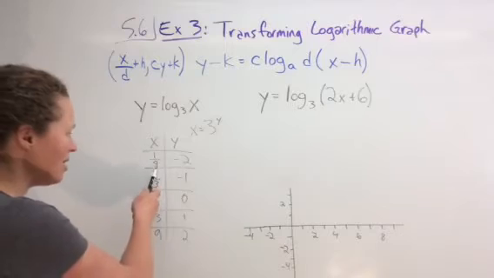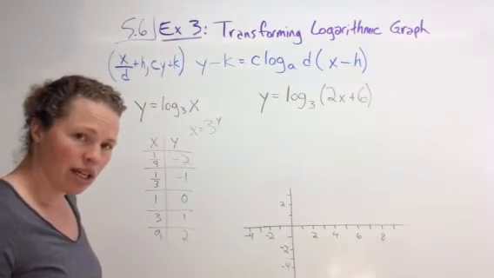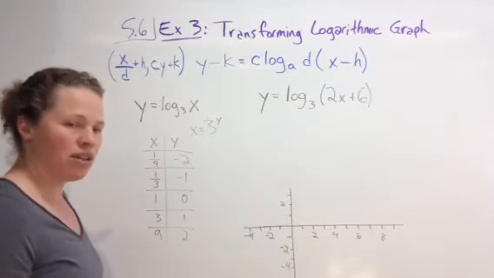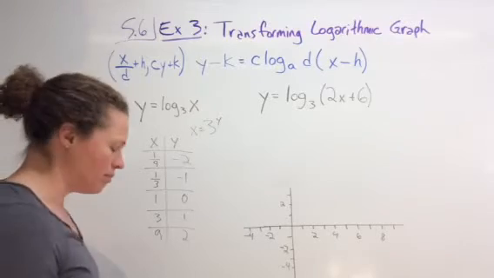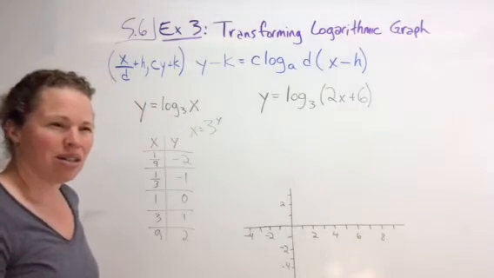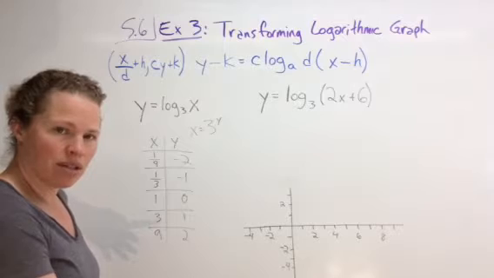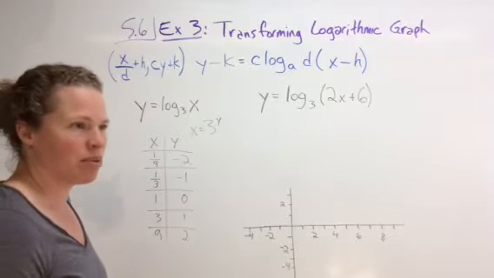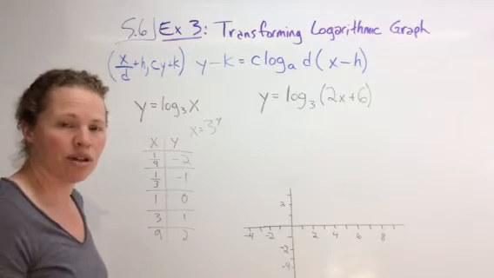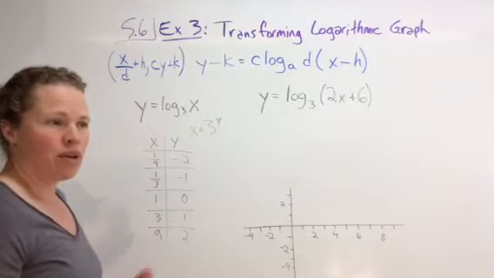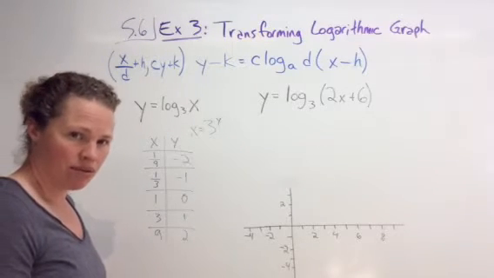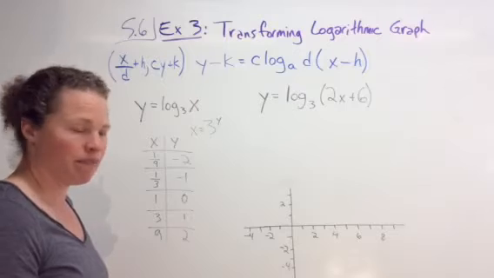Now, if you want to make these into decimals, you'll see that they do line up with the table of values that we created in our calculator, but it's a little easier to read them if they're fractions. That's kind of up to you. If you're happy with decimals, that's fine. Just make sure that you're using non-repeating decimals and not rounding off, because you'll get funky results.